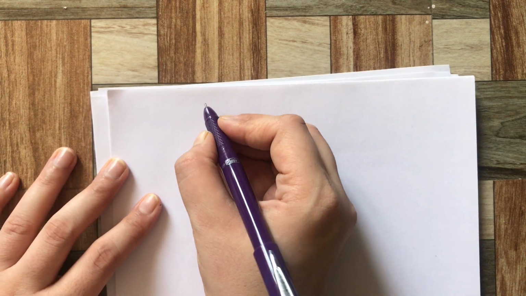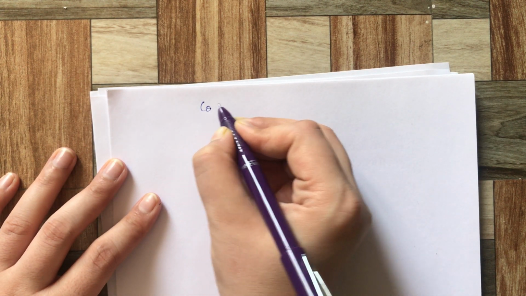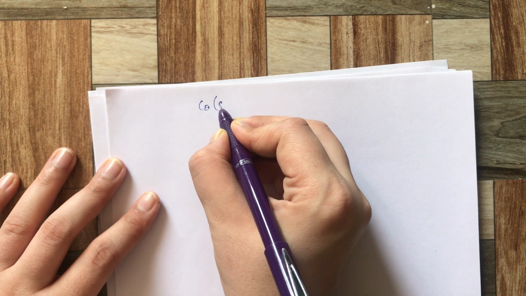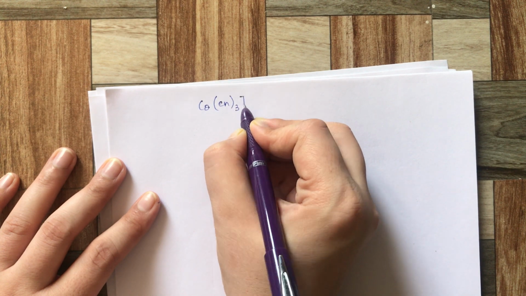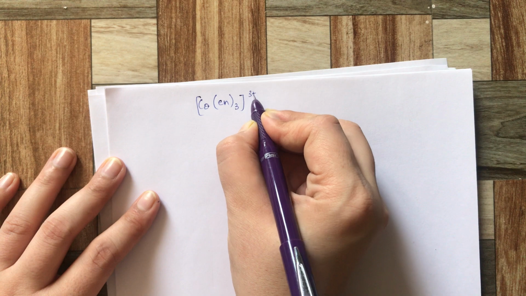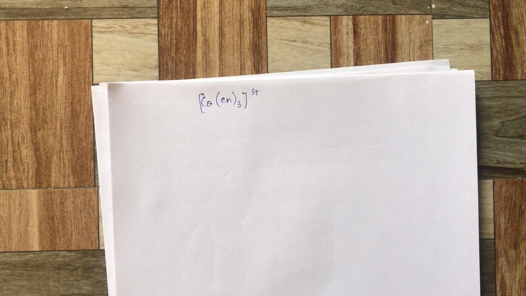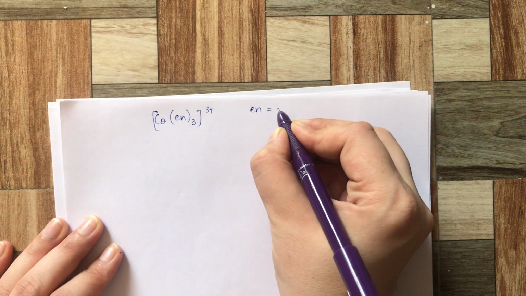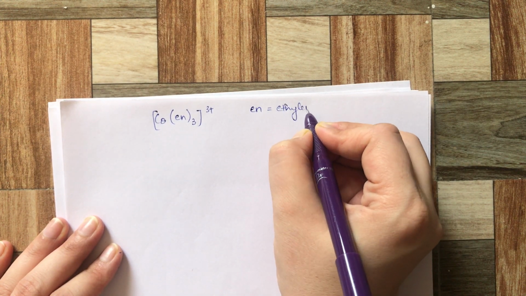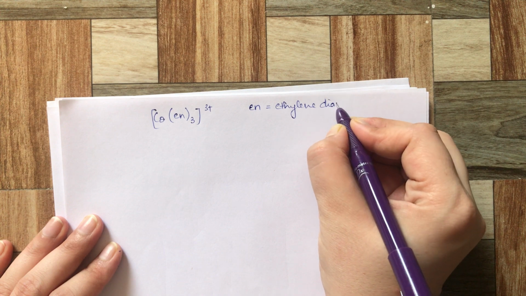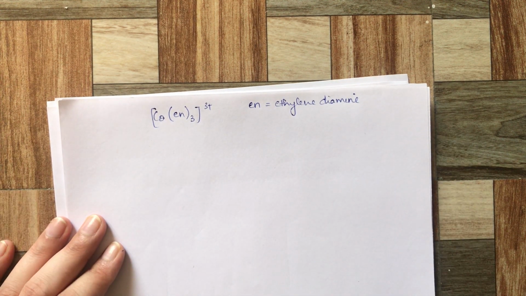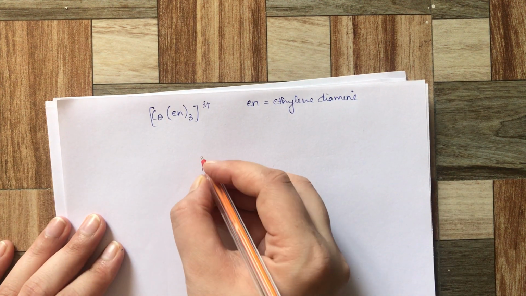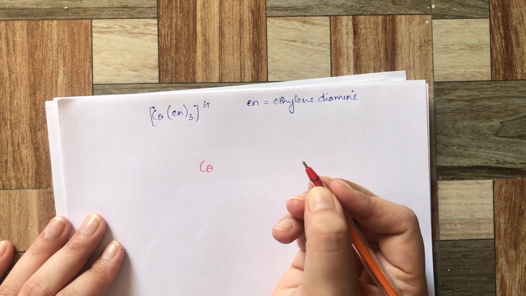So now let's see the example. Suppose we have cobalt, En whole thrice 3 positive, right? En is the ethylene diamine. Suppose we have cobalt, right?